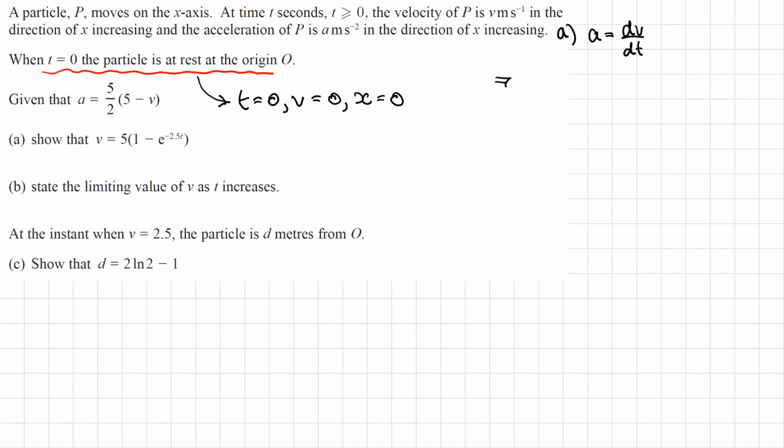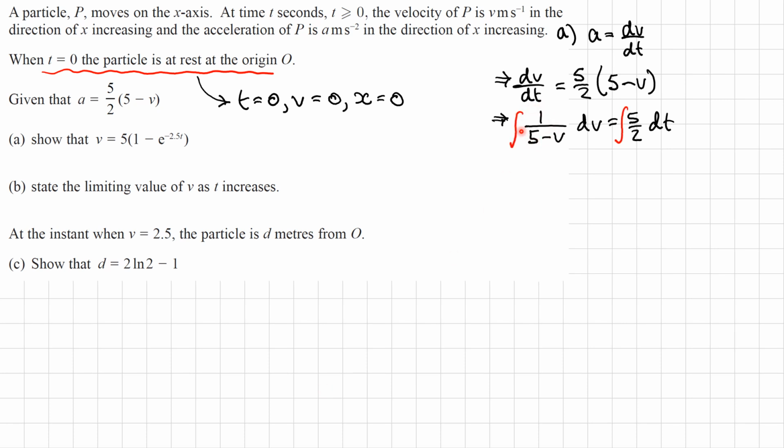So we have dv/dt is equal to 5 over 2 times (5 minus v). We're going to separate the variables, so we have 1 over (5 minus v) dv is equal to 5 over 2 dt. We're going to integrate both sides.